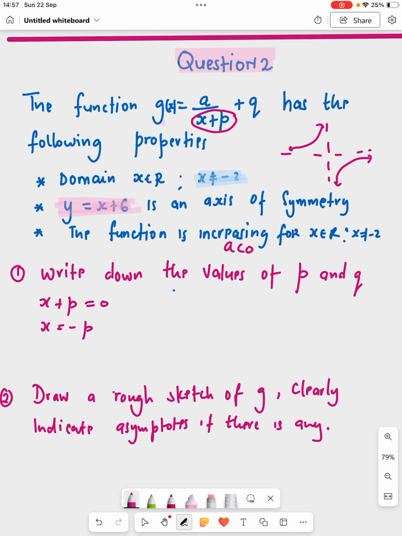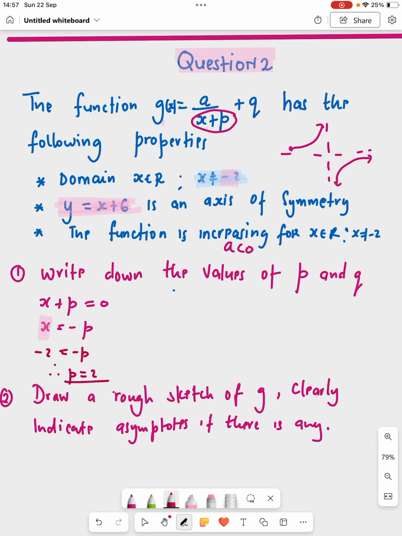And then we are given the x value at the vertical asymptote. We can read it from our domain. So that -2 is our vertical asymptote. So -2 is equal to minus p. So therefore, p is equal to +2. The value of p is +2.